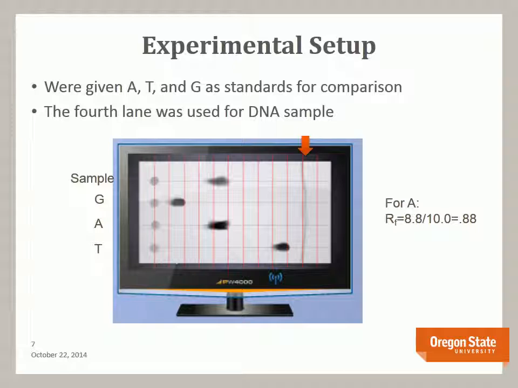The dots on the far left is where the sample was originally dotted, and the dots throughout the distance in between are where our solutes have landed at the end of the experiment. Now, we can easily glance at this and notice that the sample seems to have traveled the same distance as A, which leads us to believe that our sample contains free adenine base.